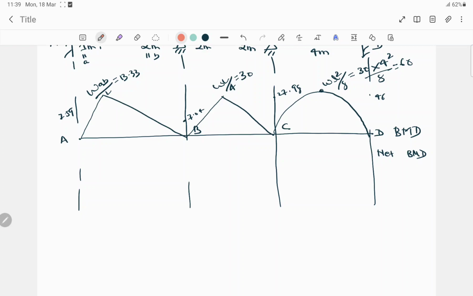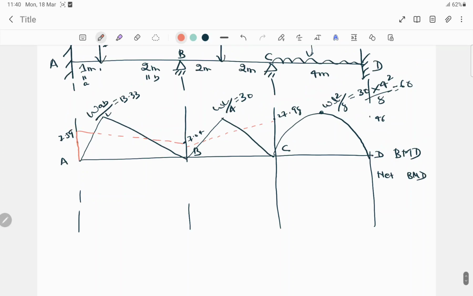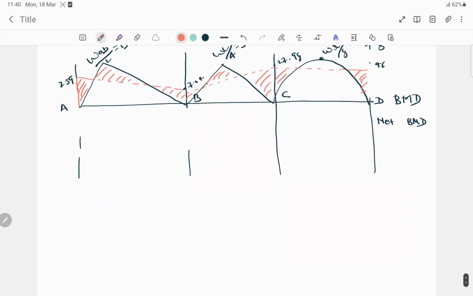So our net bending moment diagram will be here, like this, and here it will be like this, and here like this. So these shaded parts are the net bending moment diagram of this beam.